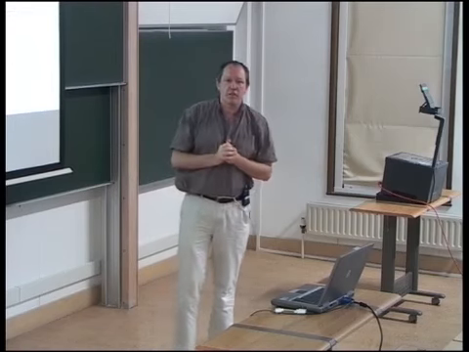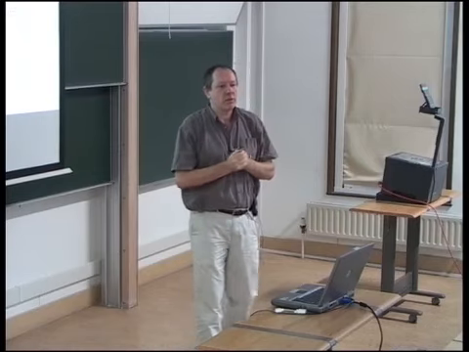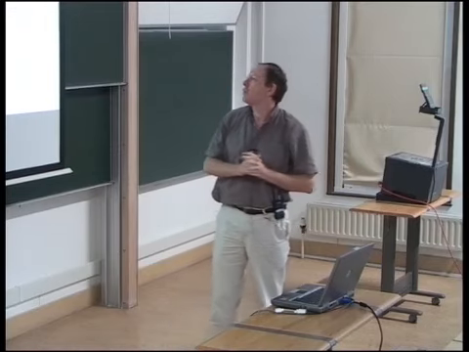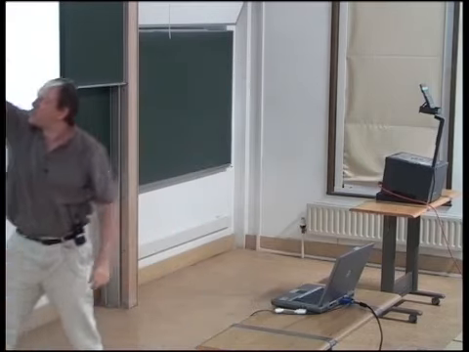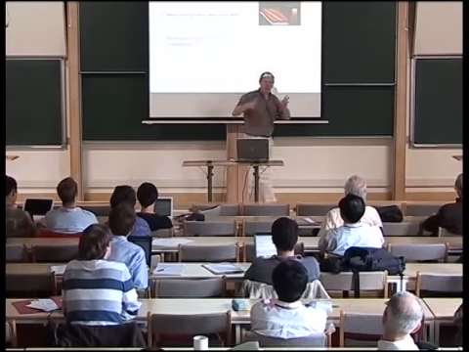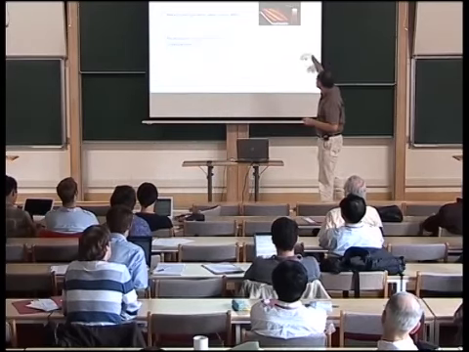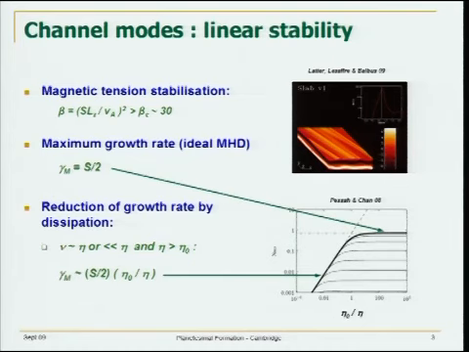The growth rate of the instability, the maximum growth rate in ideal MHD without dissipation, is constant and is set by the shear. It's whatever the wavelength of the instability of these modes. They can have various vertical wavelengths. The maximum growth rate is always the shear divided by 2.